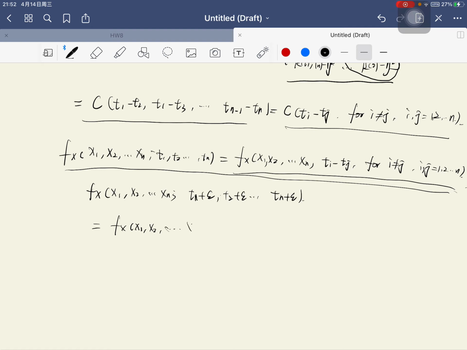We could write it as (ti plus epsilon) minus (tj plus epsilon), for any i not equal to j, with i and j from 1 to n, and it equals this part.